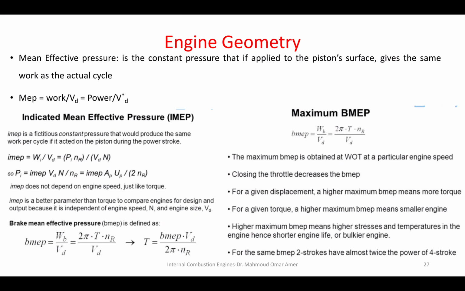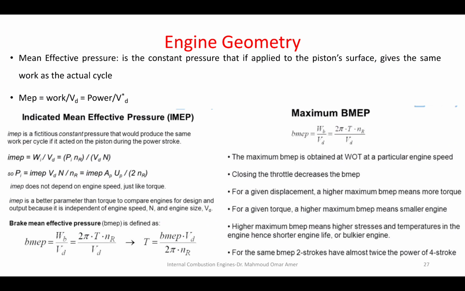So the work is the mean effective pressure times V_D. We can convert work to power by dividing by time, and the same for V_D, which we convert to V dot D. So mean effective pressure is power over V dot D.